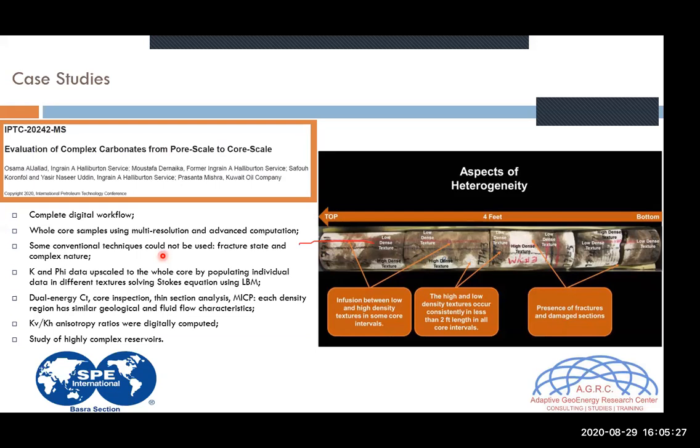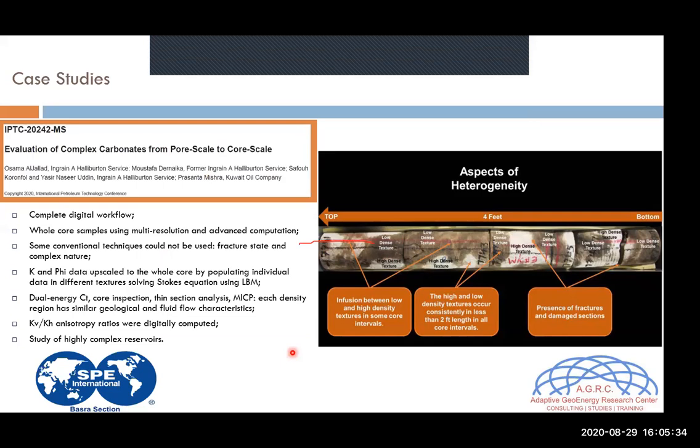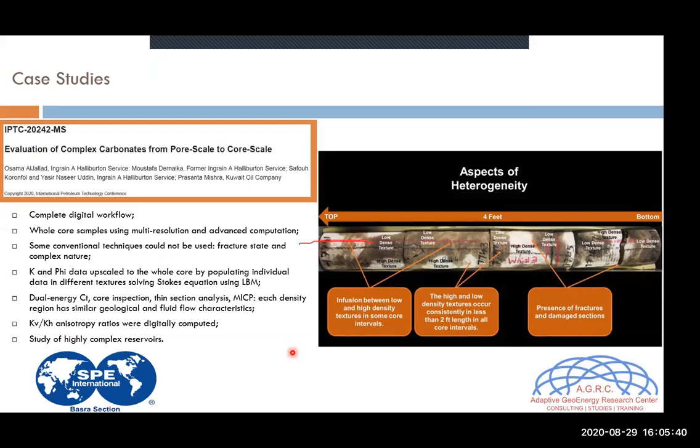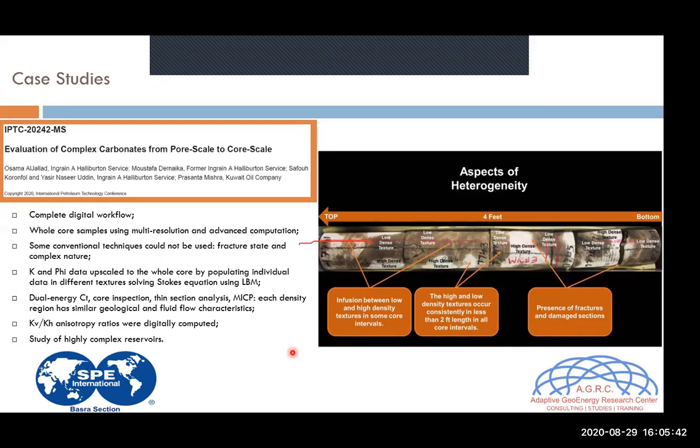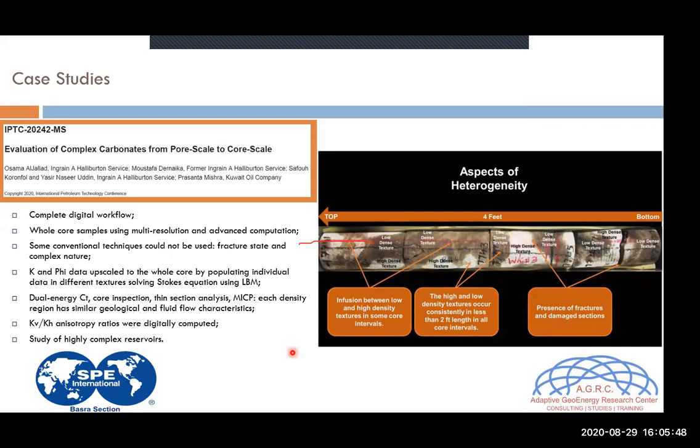When we do this kind of acquisition here, the whole core, for example, we can do this using different energies. If you remember the talk we had yesterday, we discussed the possibility of changing the energy. And then we have two different results when we do the micro-CT acquisition. If you combine both of them, you can get some interesting results from this approach. I'm going to show you in the next slides.